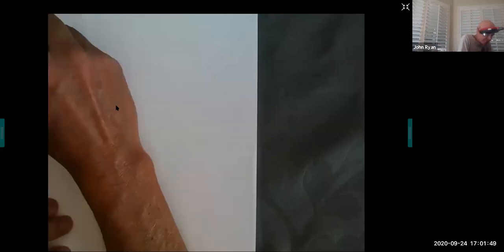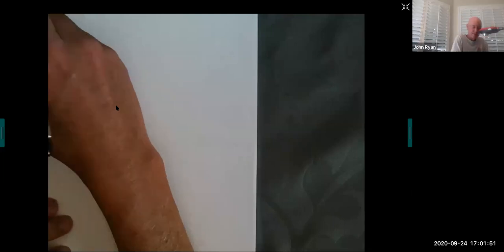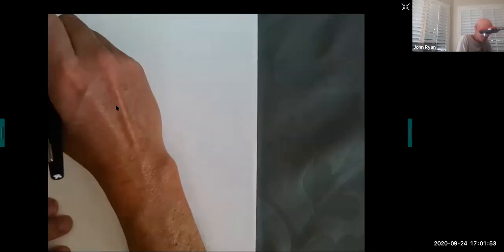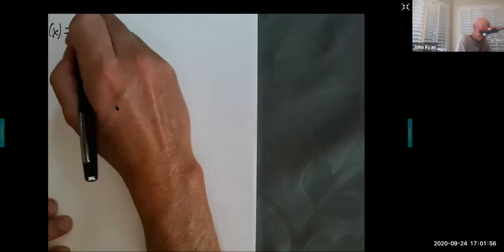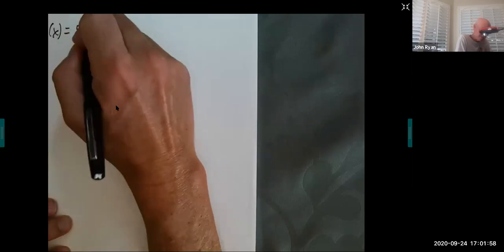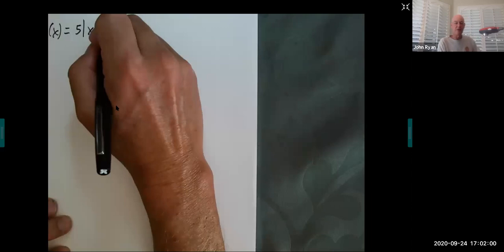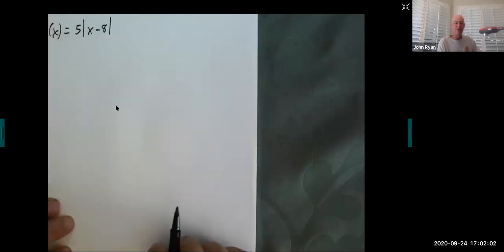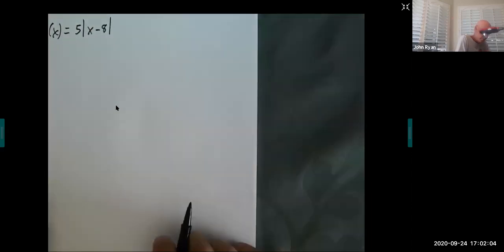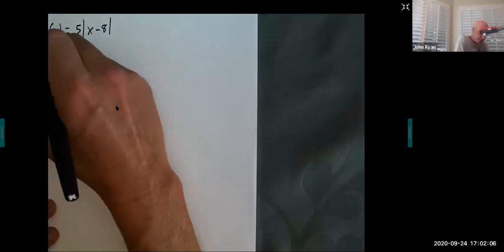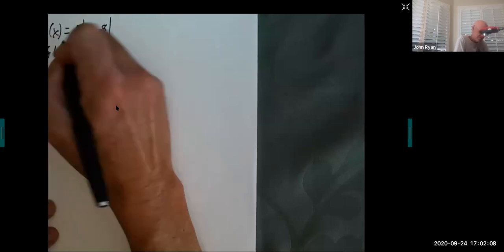So we have a function f of x equals 5 times the absolute value of x minus 8. And we're going to evaluate this at several values. So the first part, we're going to find f of 0.